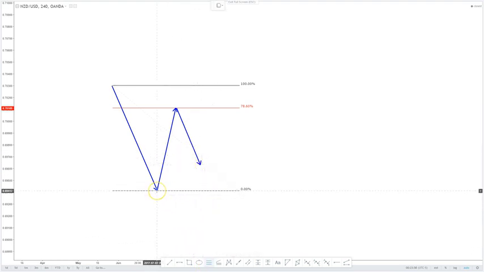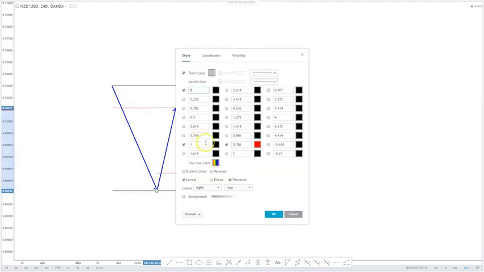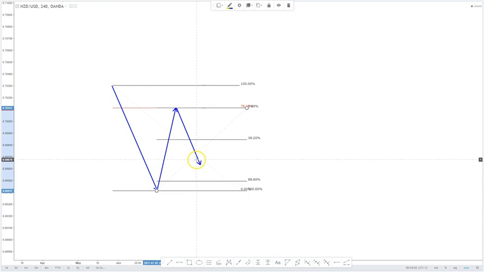So let me do a measurement from low up to the high, and I'm going to add in the 886 all the way up to the 382. So this C point has a range, as long as it does not break the low. If it breaks the low, then it's invalidated.